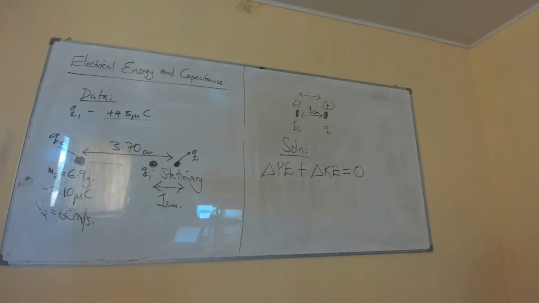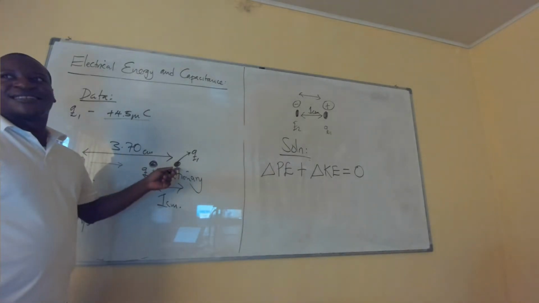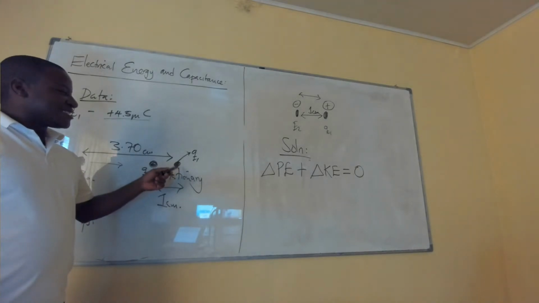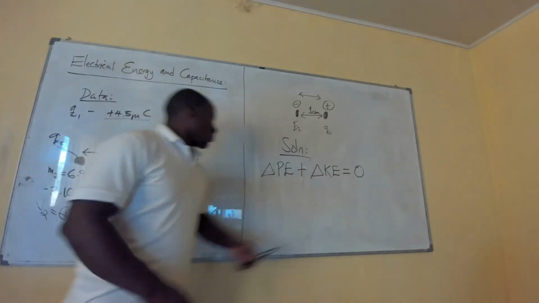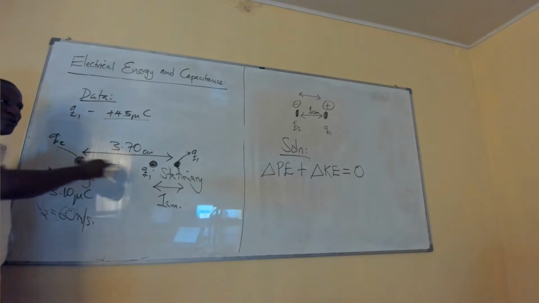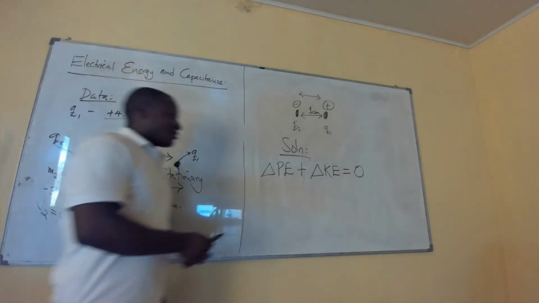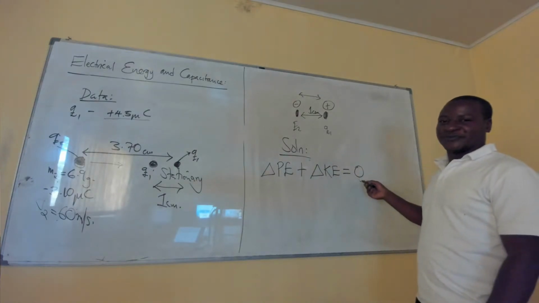We are talking about Q1, which is actually stationary. That is the potential energy. The change in the kinetic energy, we are talking about once a stationary Q2 now in motion, and that must be able to give us 0.